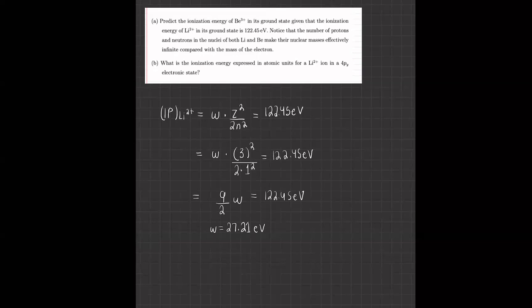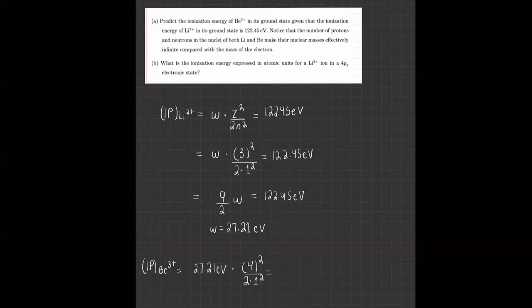Basically, you're supposed to use this constant to find the answer. So the ionization energy of beryllium 3+ is going to be 27.21, which is just the constants, times Z squared, which is 4 squared, over 2, and in the ground state it's times 1 squared.